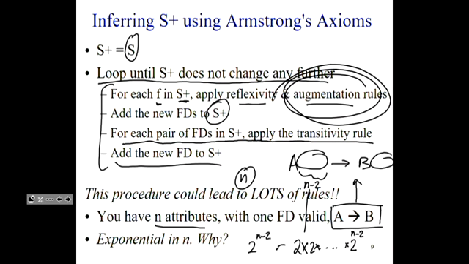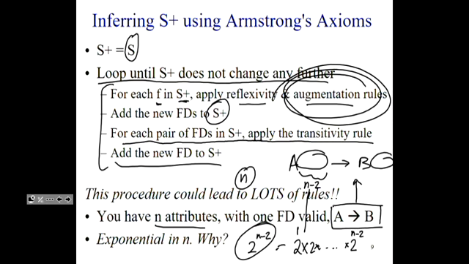This is exponential. Even with just one functional dependency, you could derive a very large number of functional dependencies using this closure algorithm. So this is not something you want to apply lightly. You don't want to do this unless you absolutely need it. Any questions?